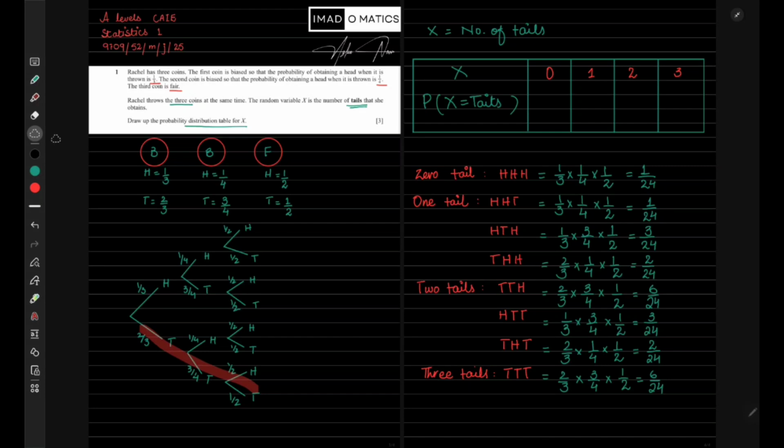Now one thing: what information does this 1 tail scenario give you? In 1 tail you can have head, head, tail, or you can have head, tail, head, or you can have tail, head, head. So there is a case of or, that means you have to add all these together to get the final. So 1 plus 3 plus 2 gives you 6 over 24 when you add them together.